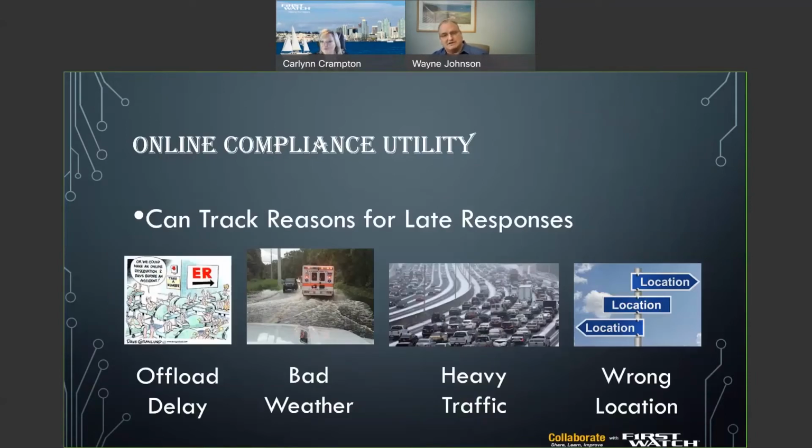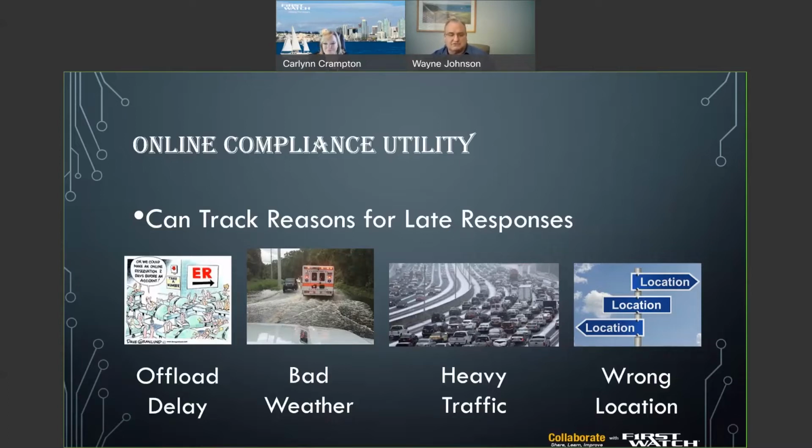It tracks reasons for late responses. This is one of the big benefits of it. There are two different parts of the components of the OCU: one that's visible to the provider only, and one that is visible to the provider and the authority both, which is the overall workings of the OCU. However, we do truncate out late responses specifically in a report for the provider, so they can track and trend their late responses and why they're being late, so that possibly they could make some corrections in the future as they look through their data.